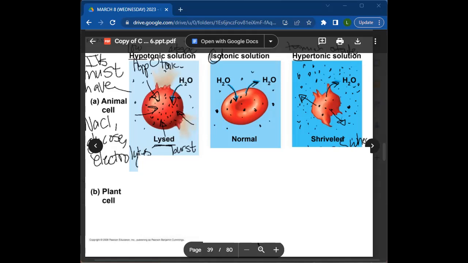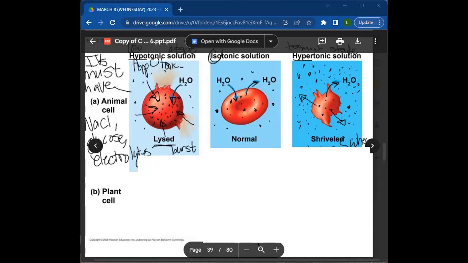So for hypotonic, I always like to write hypotonic with a big O to remember that in hypotonic, water will flow into the cell. And why is it flowing in? Because that's the area of higher concentration.